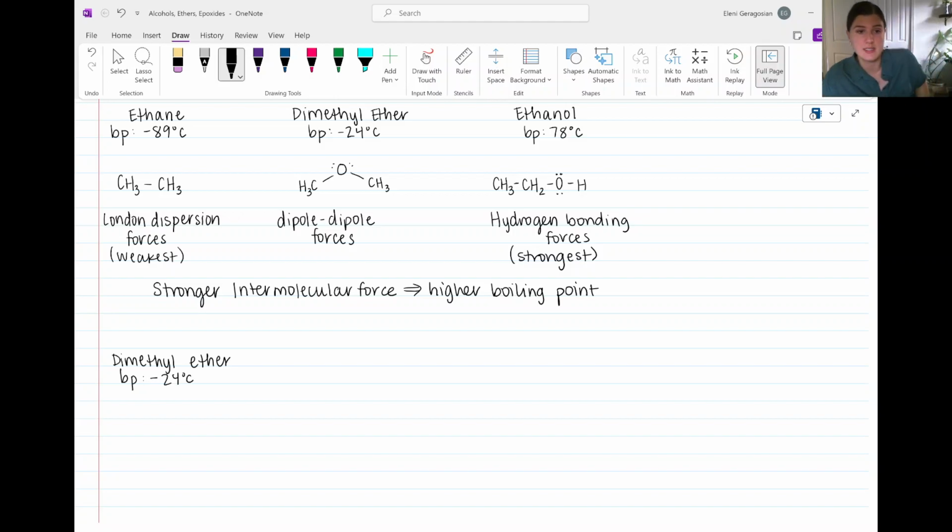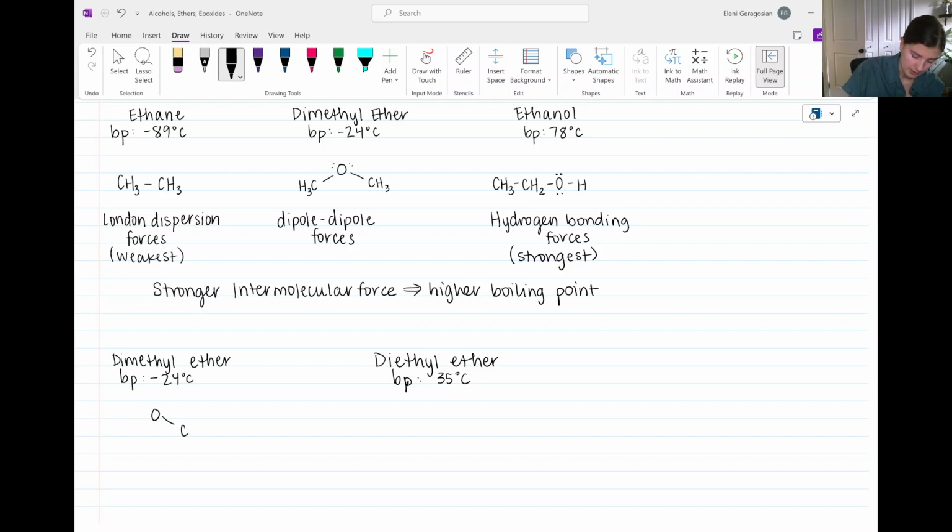So this means it is a gas at room temperature because its boiling point is lower than room temperature. And then if we compare that to diethyl ether, its boiling point is 35 degrees Celsius, and that's above room temperature.